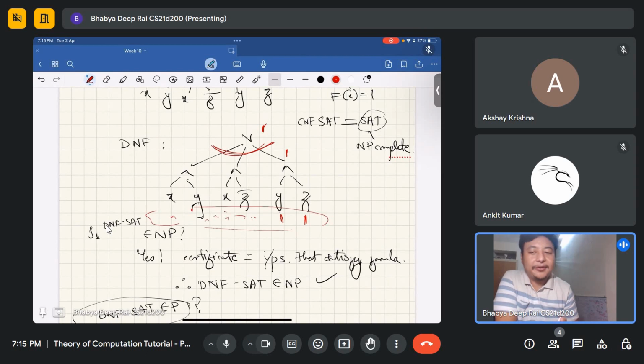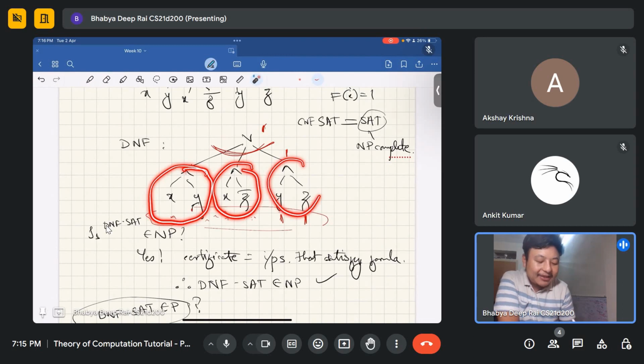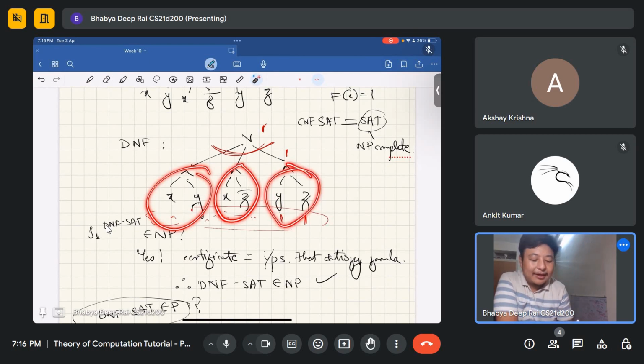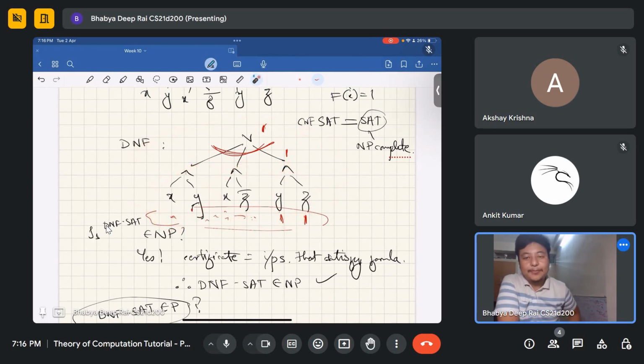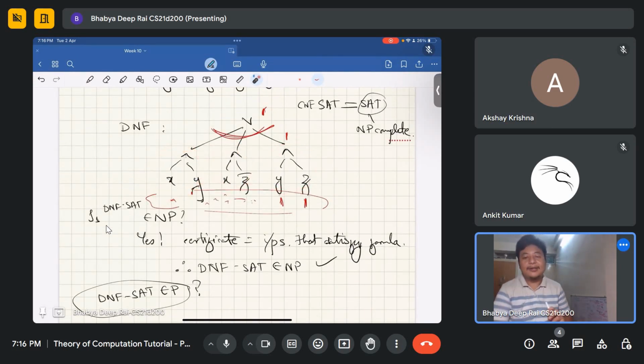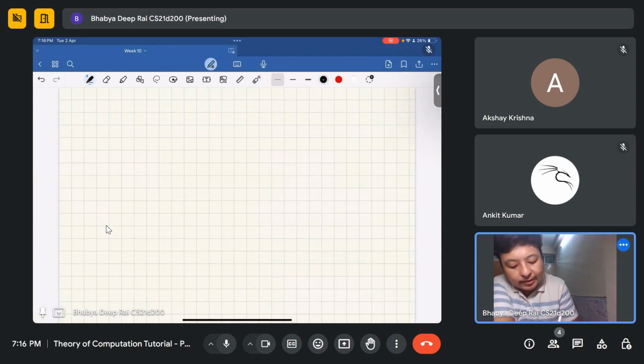So what is my observation here? My observation is, as long as I can satisfy any one of these small ANDs, I can satisfy the entire circuit. That is the observation here. Each of these, technically, is called a clause. f is of this form: clause 1 and clause 2 and clause 3 and so on.